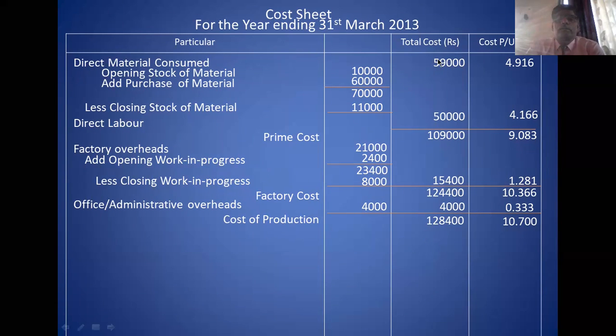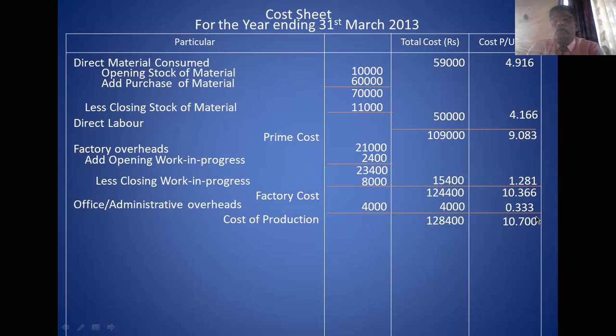From the raw material consumed to the stage of cost of production, you divide the total column by the number of units produced to ascertain the cost per unit. This cost per unit is calculated on the basis of total cost and number of units produced.